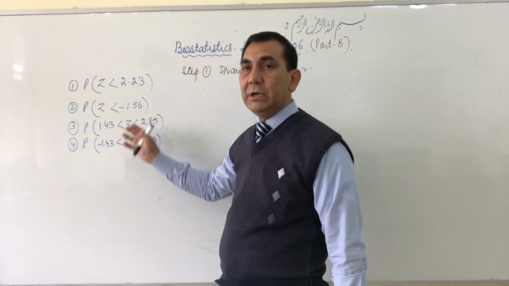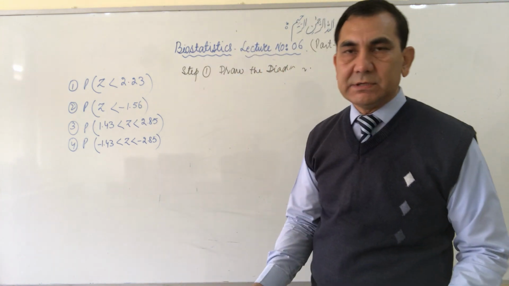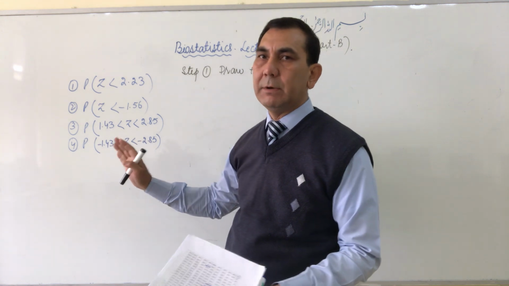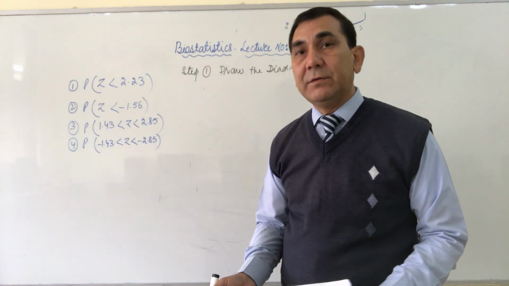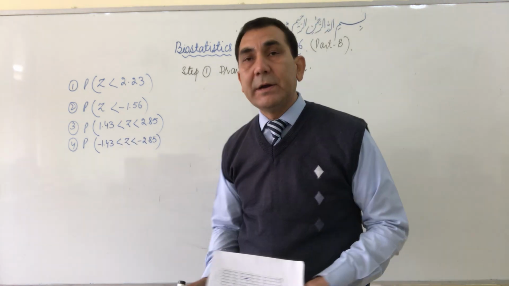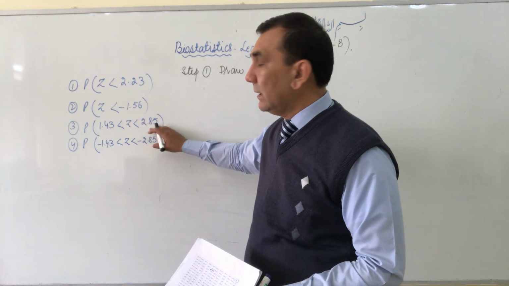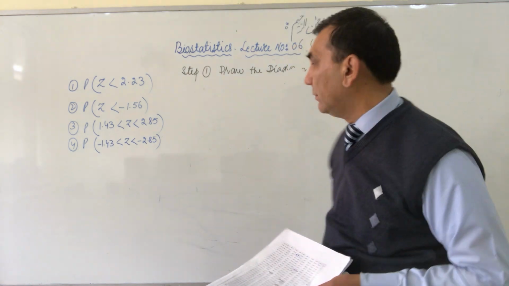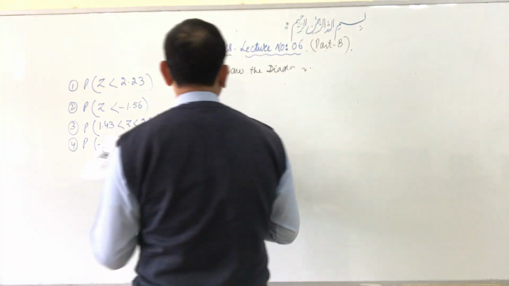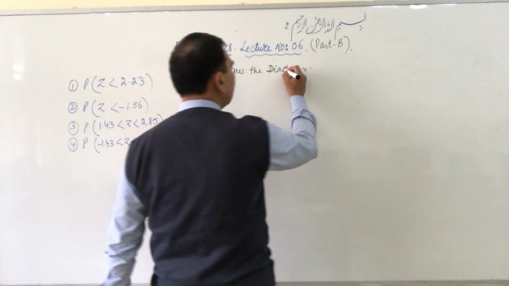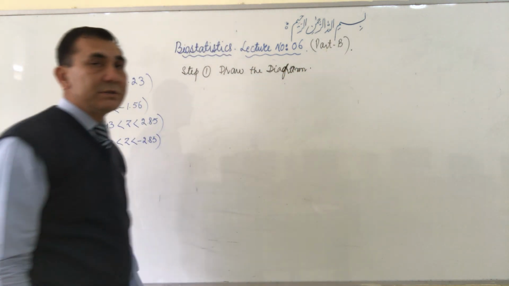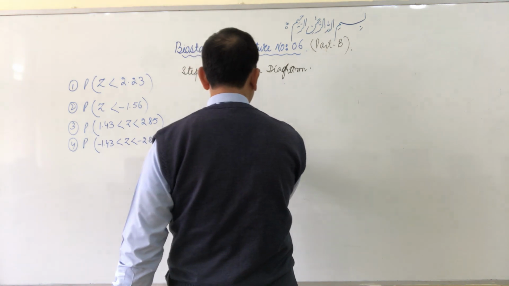In question number 3, you were asked to find the probability area between 1.43 to 2.85, which were positive values. Now these are negative values. So again we will solve it using 3 steps. Step number 1, draw the diagram.